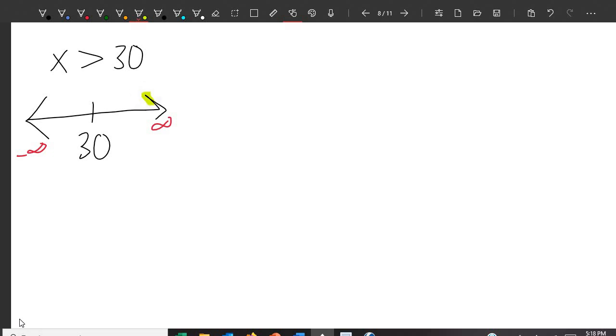Okay, so we're greater than, we go this direction. Again, this one will have an open circle, but we represent open circles now with parentheses. So, bring down the 30, bring down the infinity symbol, put a comma between them, parentheses on the infinity, parentheses on the 30.